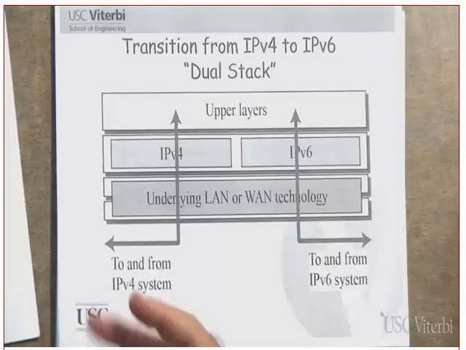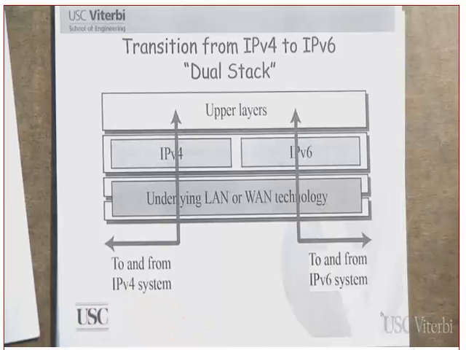So my question to you is the following. Let's see if you can tell. If I want to send a packet, which address will I use? Do I use an IP version 4 address or an IP version 6 address? Do I know whether the destination has IP version 4 and IP version 6? How do I know that? And which one do I use?